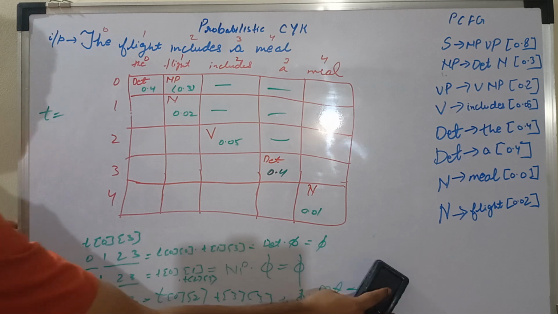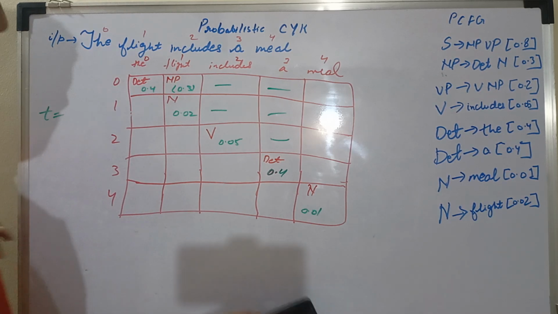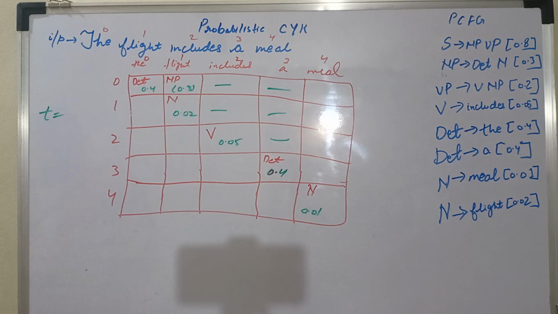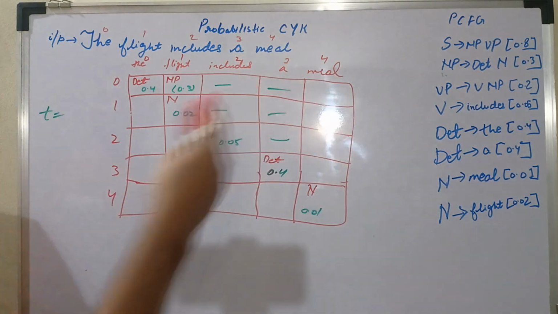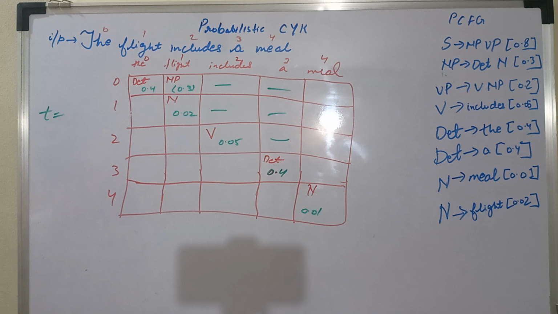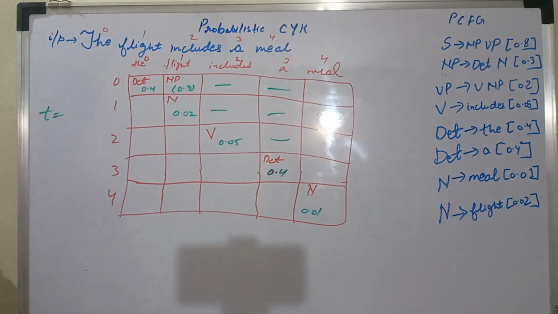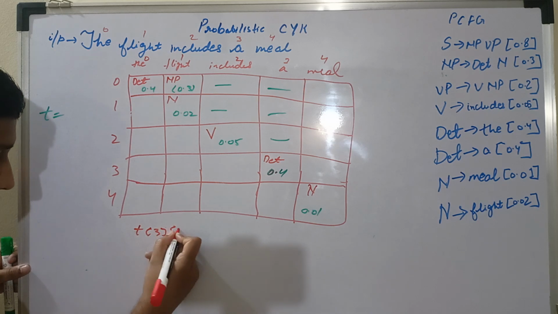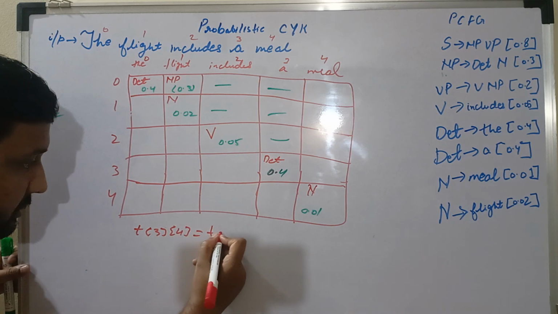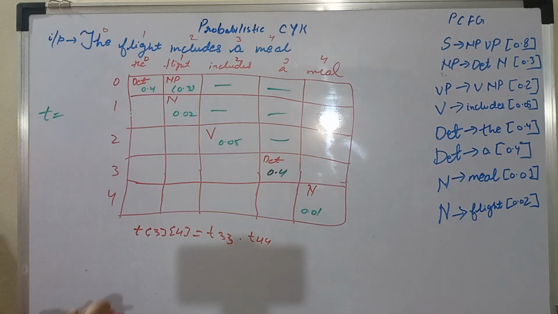So till this we have filled. Similarly we will keep on calculating. I'll just fill this one and the rest can be calculated. Now if we look at T3 4, it will become T33 and T44, square brackets you can put.